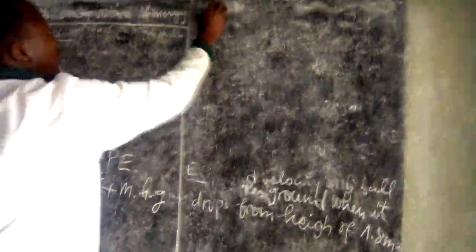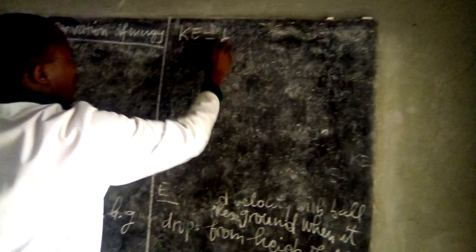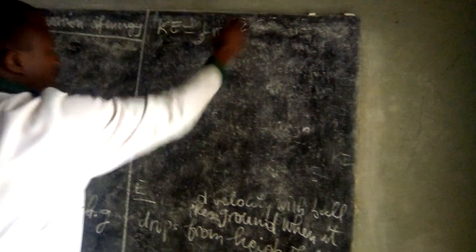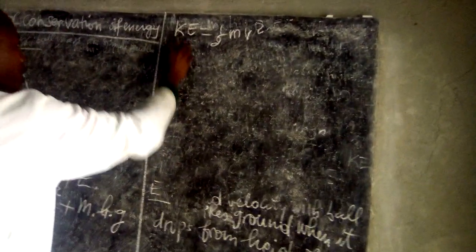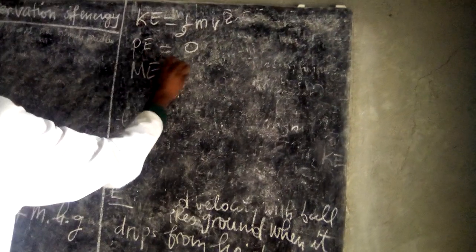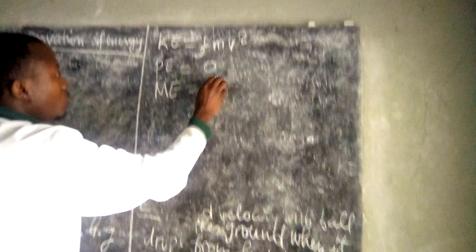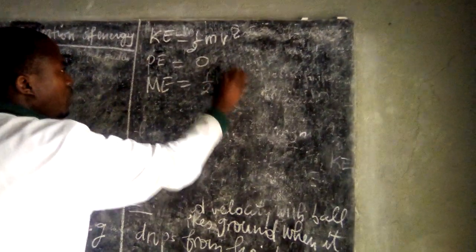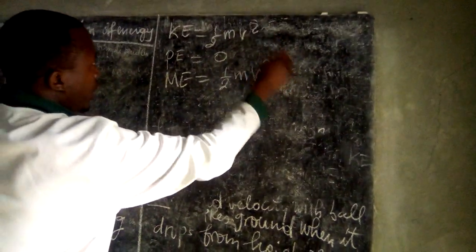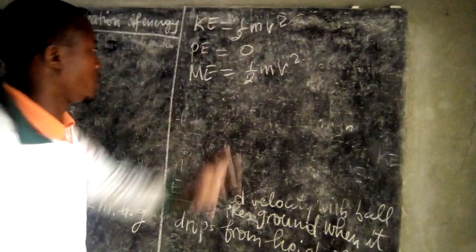If potential energy is equal to 0, then kinetic energy equals 1 over 2 mv squared. The mechanical energy at position number 1 will be equal to 1 over 2 mv squared, where potential energy is equal to 0.